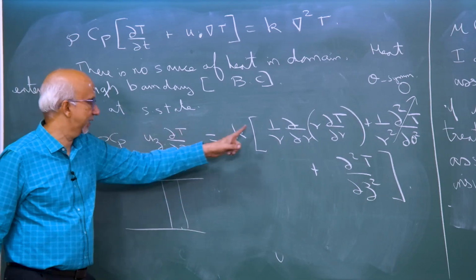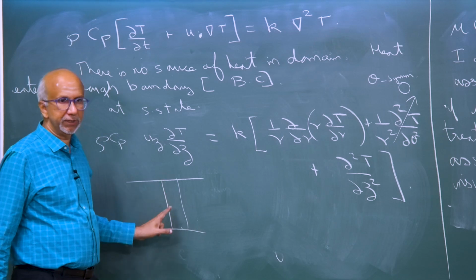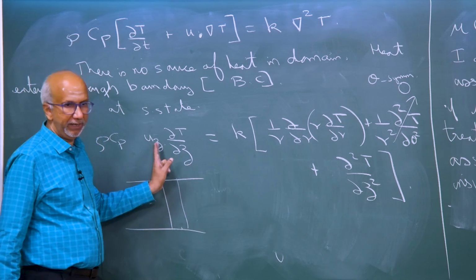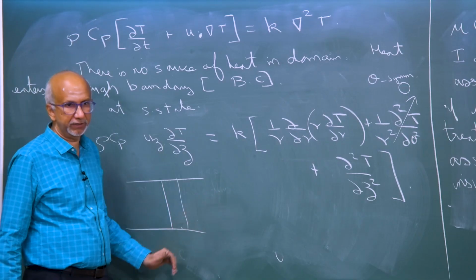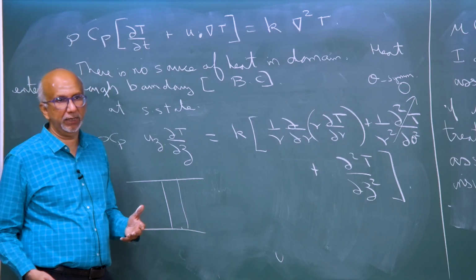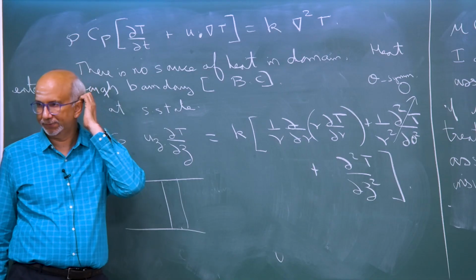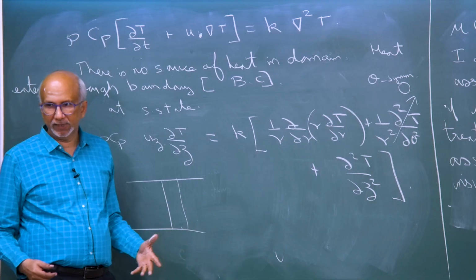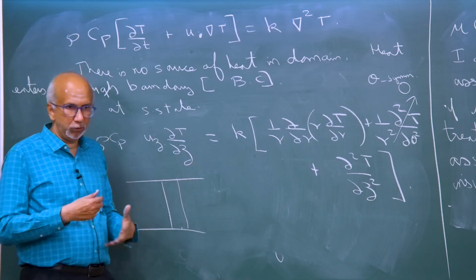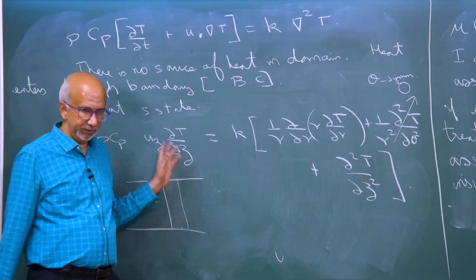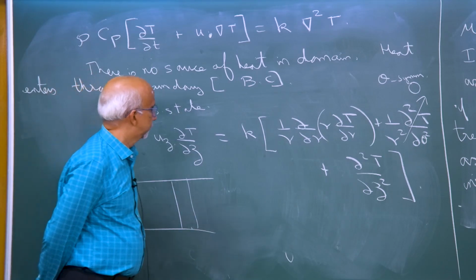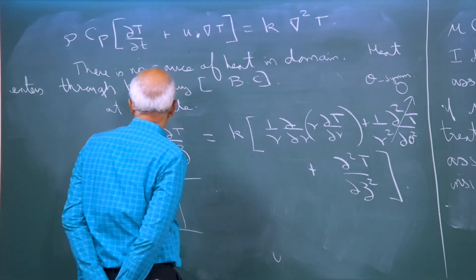This is because of convection, and this talks about diffusion in the radial direction and diffusion in the axial direction. Everything is going to get balanced at the steady state. You will have steady state only when all these fluxes are balanced. If there is an imbalance, then there will be accumulation and you will have the time derivative term.